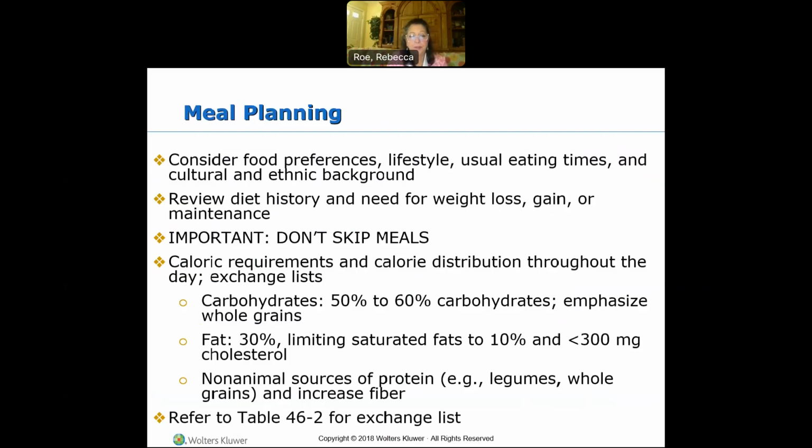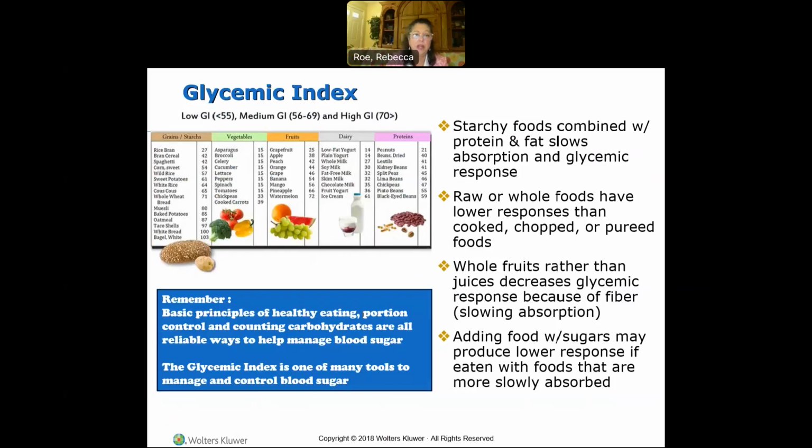That's why we're here. So now we're going to get into this glycemic index thing. I want to make sure you guys understand that glycemic index is a tool, one of many. It is not the end all be all. It's not the panacea that people make it out to be.